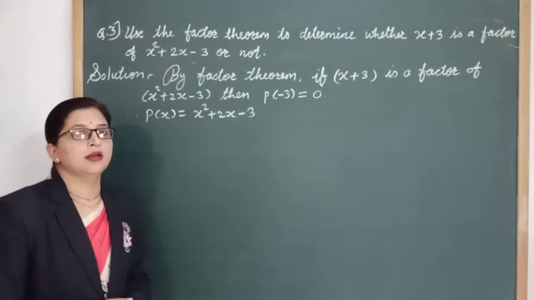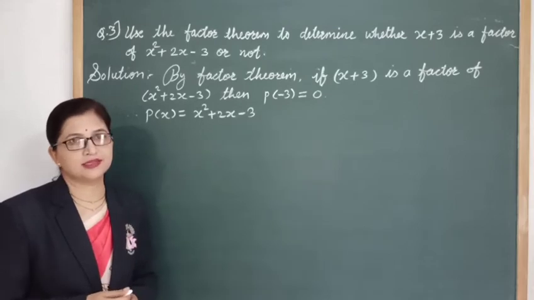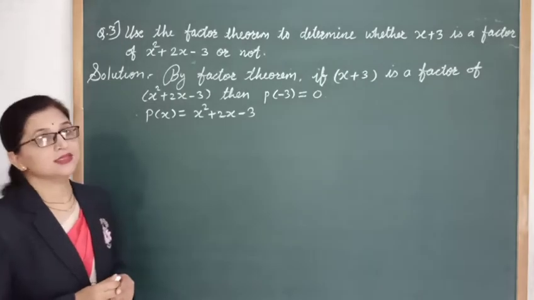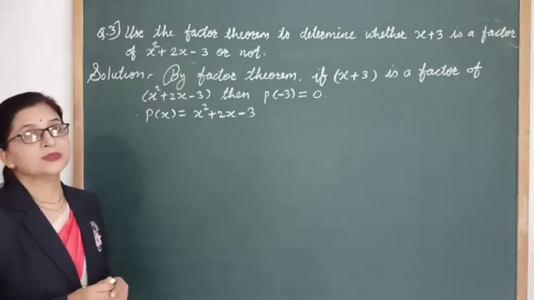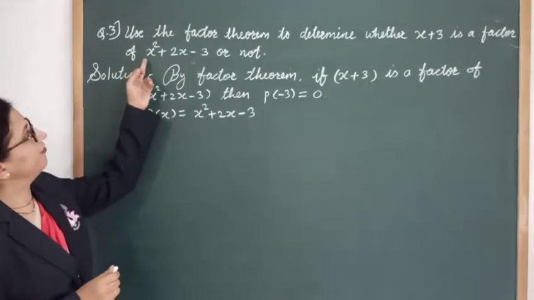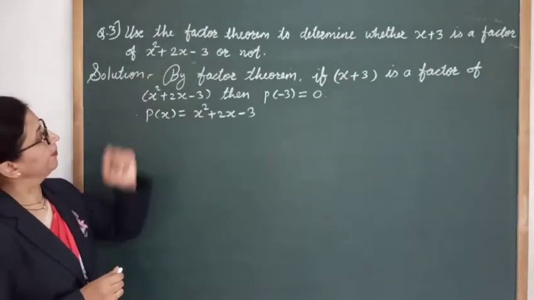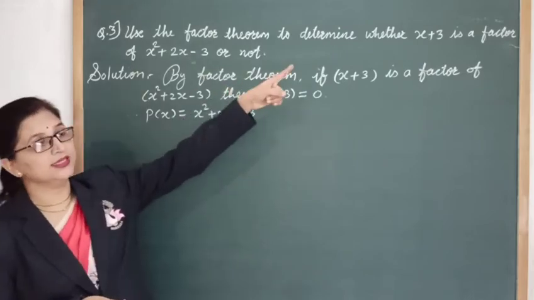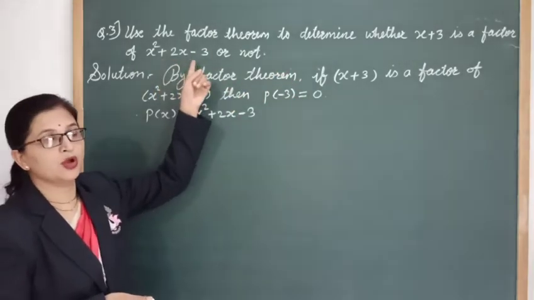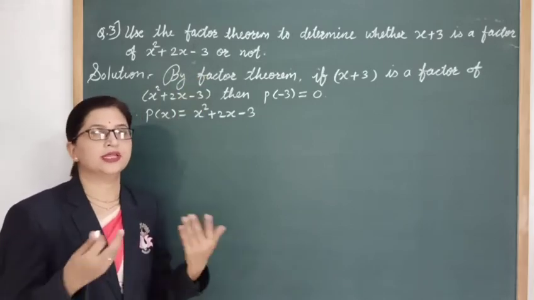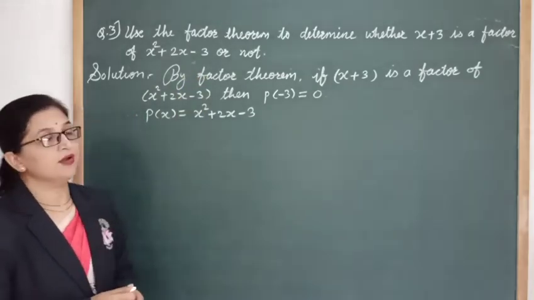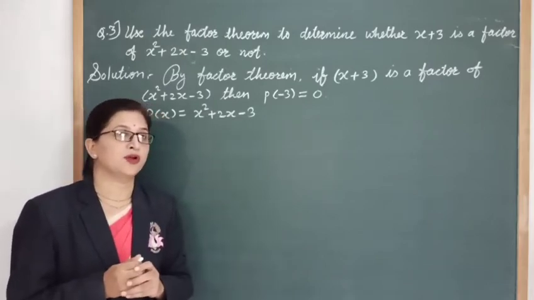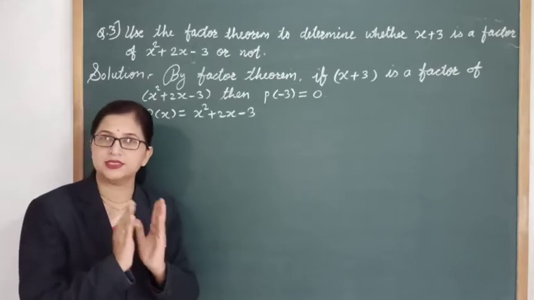Okay. Now dear students, let's use the factor theorem to solve the example. So for that we have a question. Use the factor theorem to determine whether x plus 3 is the factor of polynomial x square plus 2x minus 3 or not, without doing the division. Okay, so here we learn that we can say the divisor is the factor of the given polynomial if the remainder is 0.